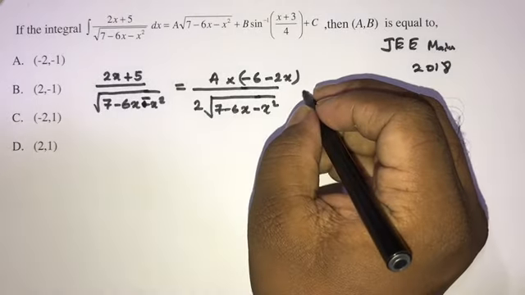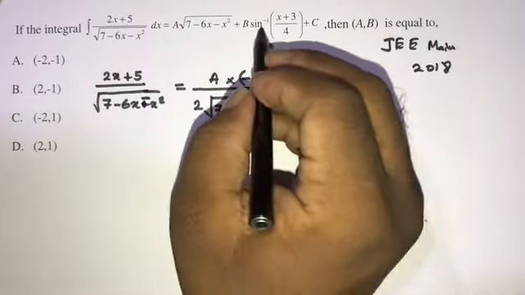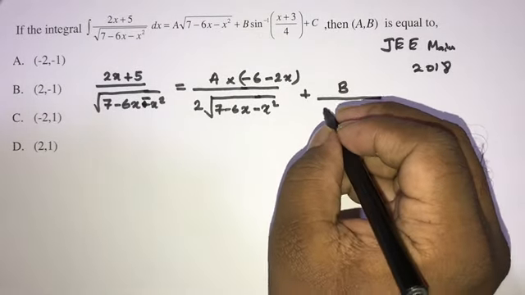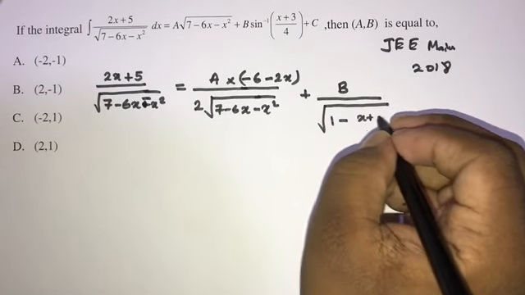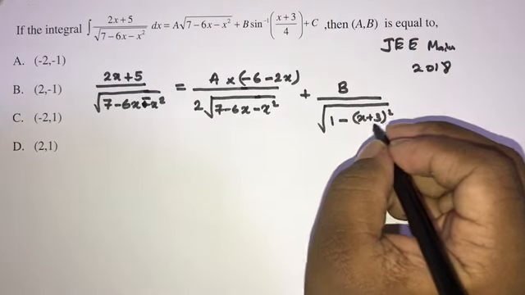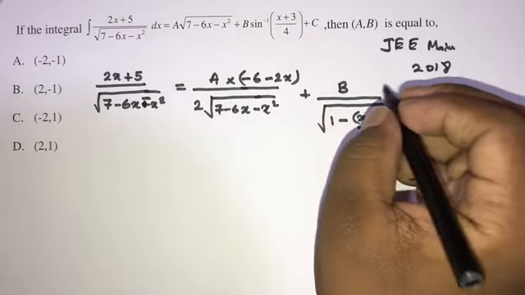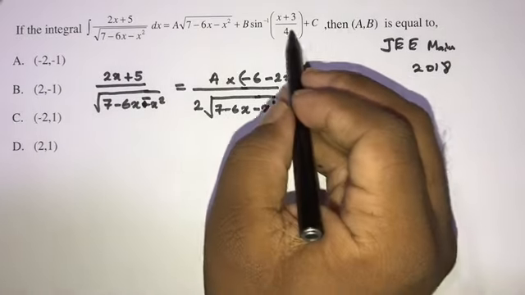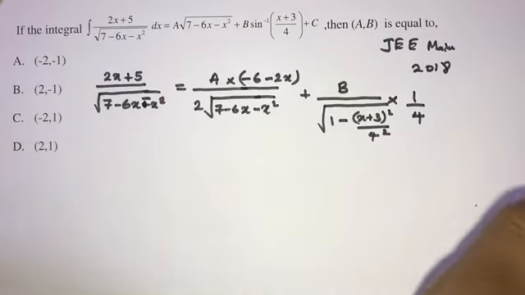Okay, now plus b, here the derivative of the inverse sine function, so b over square root of 1 minus x plus 3 square over 4 square, times now the derivative of this function, so 1 over 4.